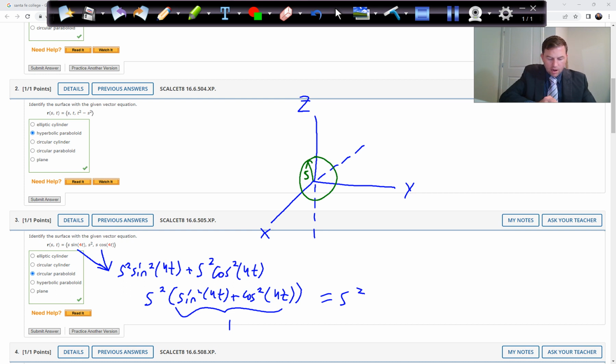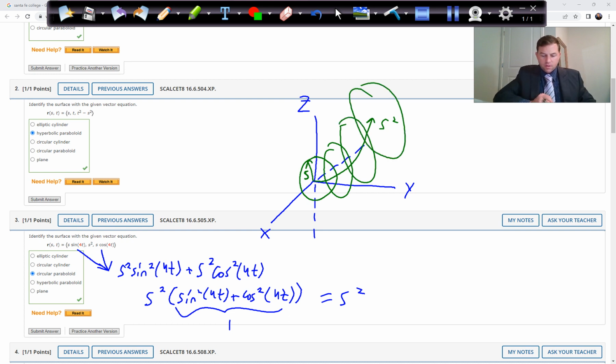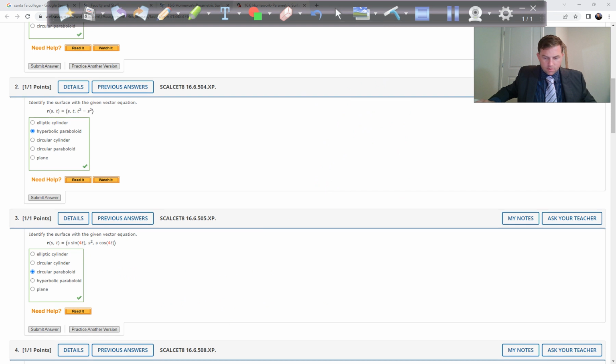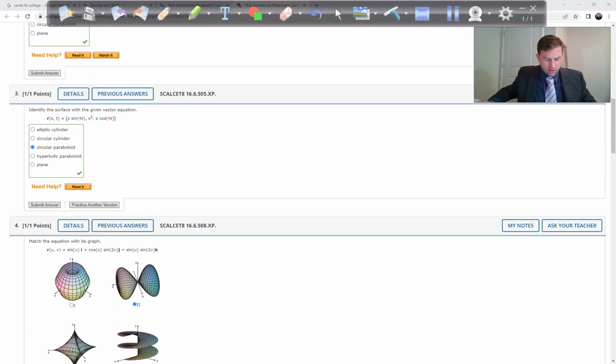But then in the y, it's s squared, so this thing is going to grow according to a parabola. So in the y direction, this thing is growing like s squared. And so this circle is basically going to grow as this goes out like that. So it's going to be a circular paraboloid. Okay, so that's one example of how you would handle that.